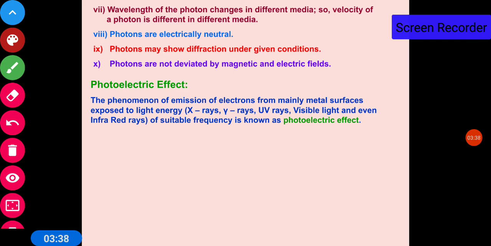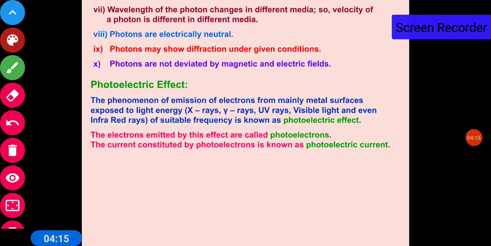Now we know, or you have studied in chemistry also, that whenever light falls on the surface of metals, then electrons are ejected from the surface of the metals, and such an effect is known as the photoelectric effect. So we can say that the phenomenon of emission of electrons mainly from metal surfaces exposed to light energy like X-rays, gamma rays, UV rays, visible light, and even infrared rays of suitable frequency is known as the photoelectric effect.